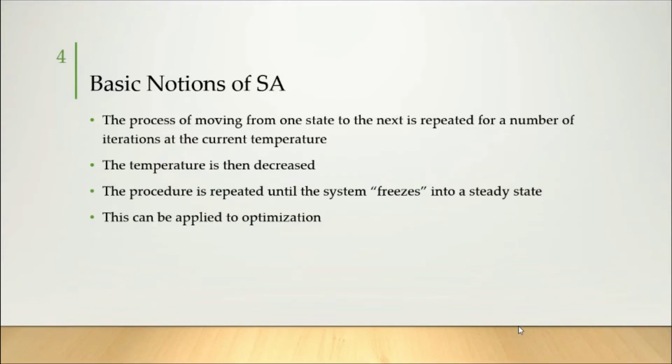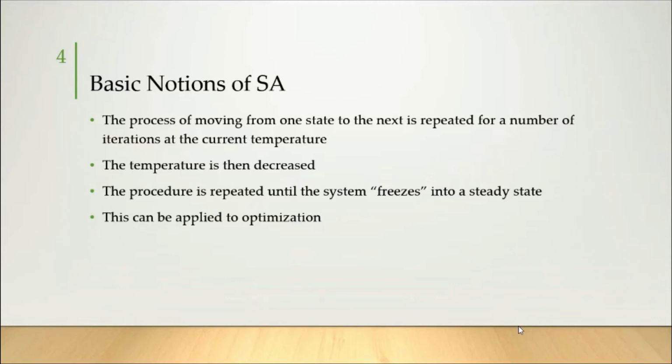So the process of moving from one state to the next is repeated for a number of iterations at the current temperature. That is the concept. When we initialize a simulated annealing algorithm, we start with a large value of temperature, say 1000 or 100. At that temperature we iterate through different solutions.